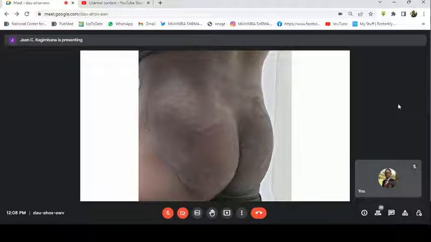It is a scaling plaque, not hyperkeratotic. It is scales, still scales, but it's a plaque. This is a characteristic for tinea corporis.